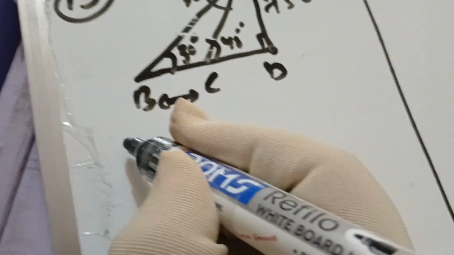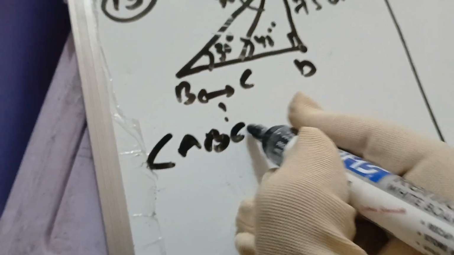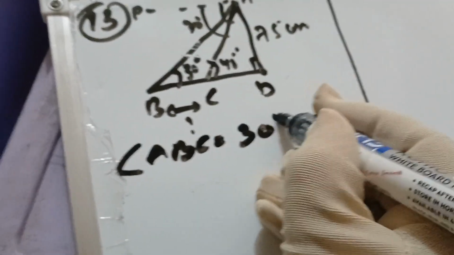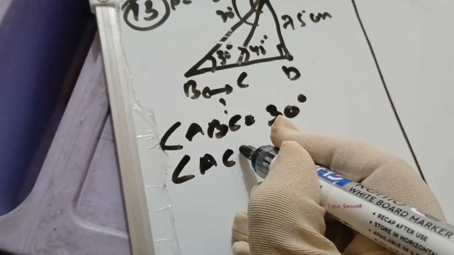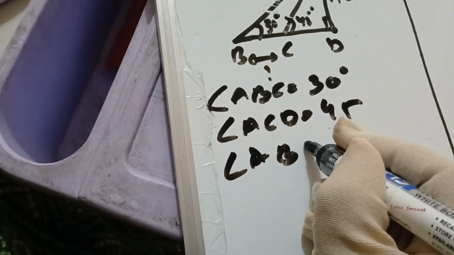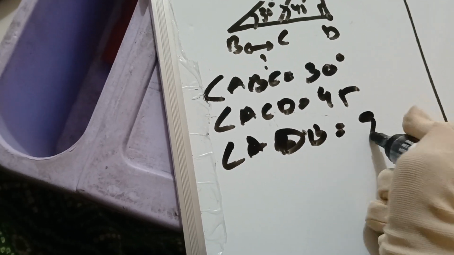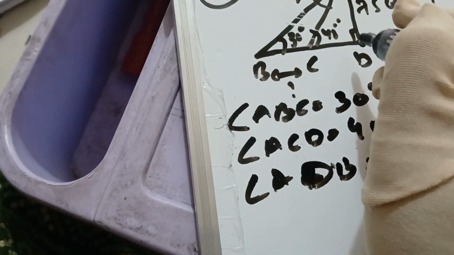Suppose we know the angle ABC is equal to 30 degree. Clear? Angle ACD is equal to 45 degree. Angle ADB is 90 degree, as the line is perpendicular, so we will write 90 degree.